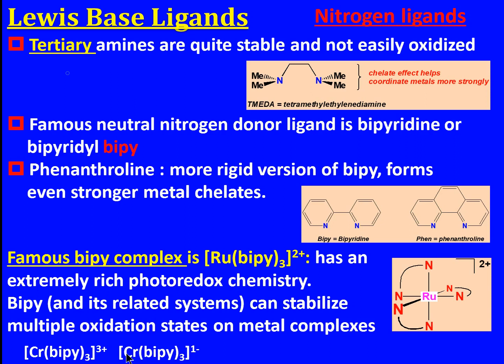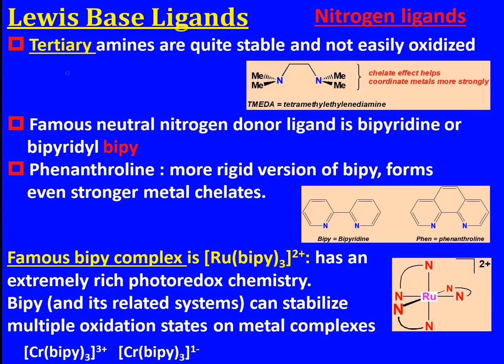Chromium 0 is known to have the structure d6 or s2d4. Before, we said that chromium s2d4 becomes s1d5, because this electronic configuration is more stable, and the d5 orbital is half filled, which is relatively stable.